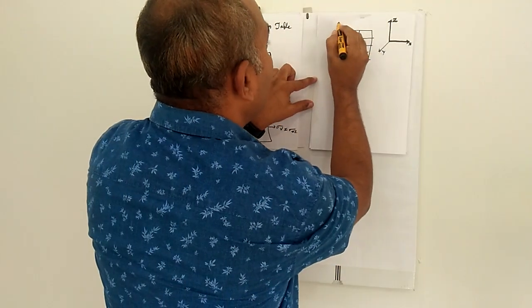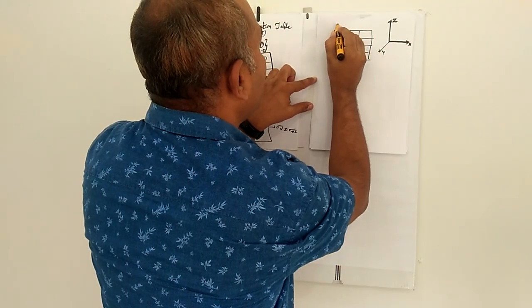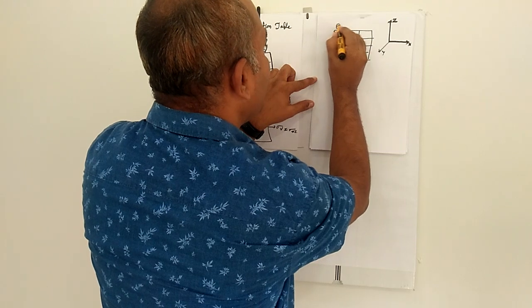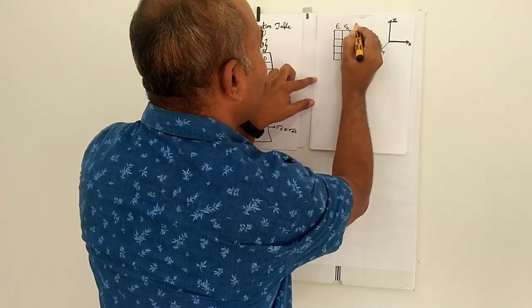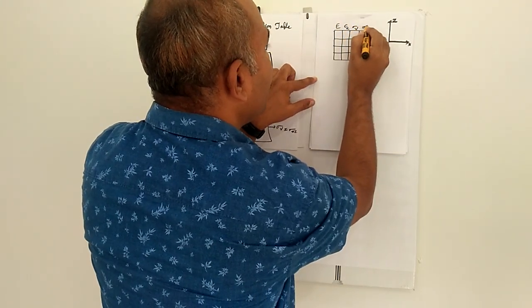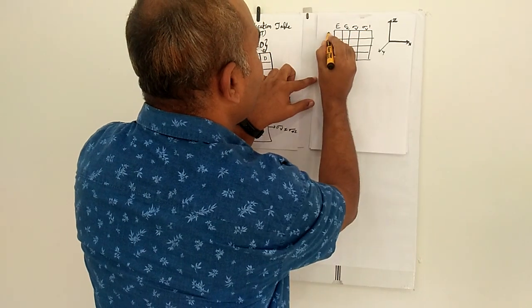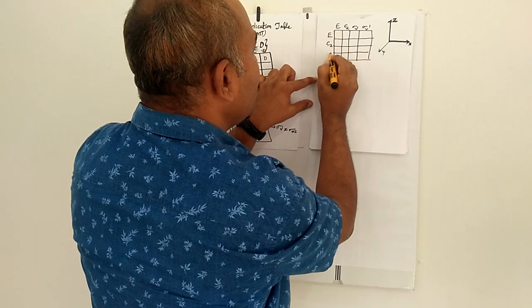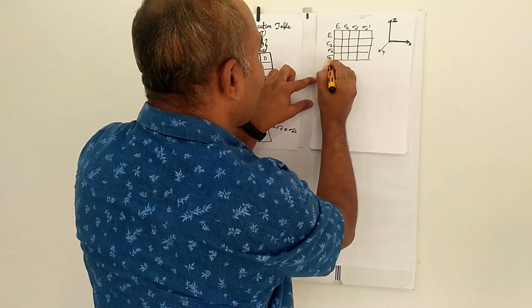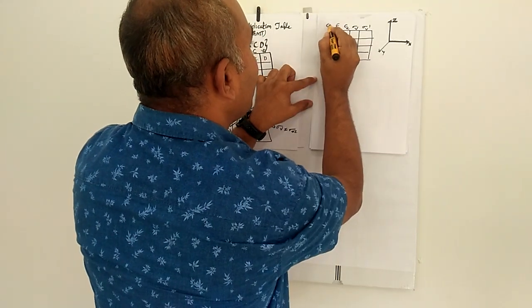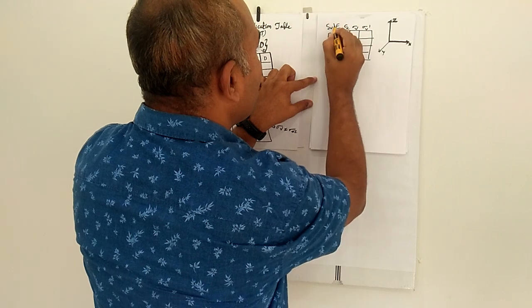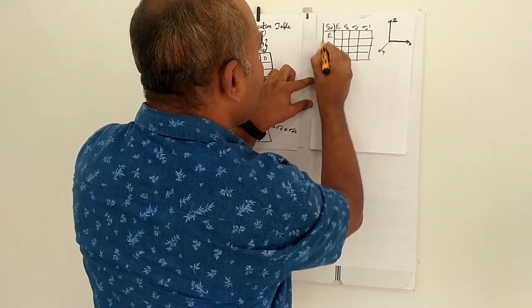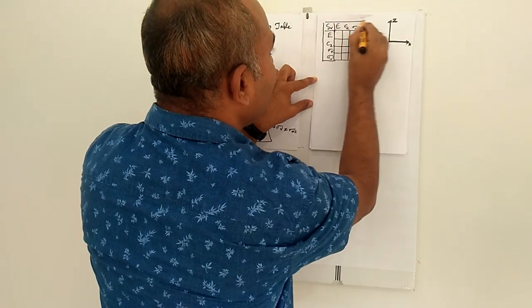This column is headed by the first element of the group, the identity element. Then the second element C2, sigma v, sigma v dash. Similarly, this row is headed by the elements of the group E, C2, sigma v and sigma v dash. So here you can write C2v, so that you can write the table like this.